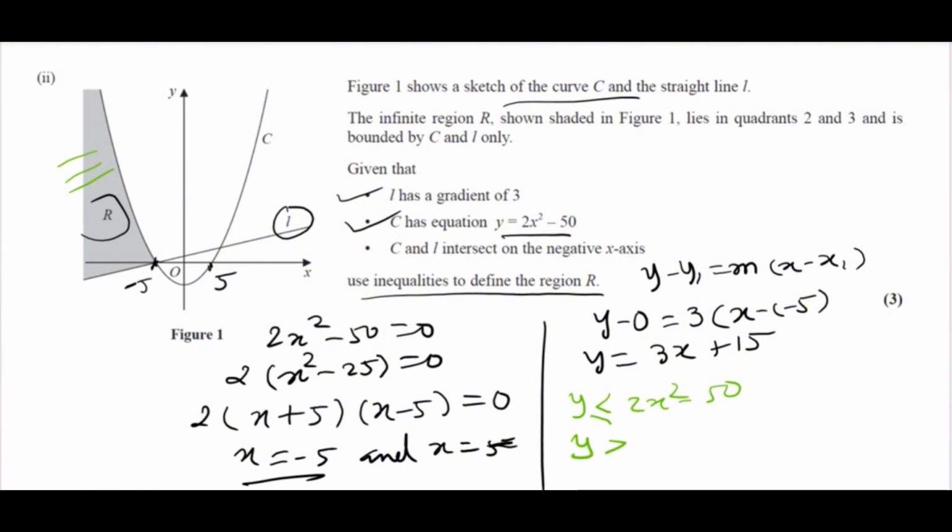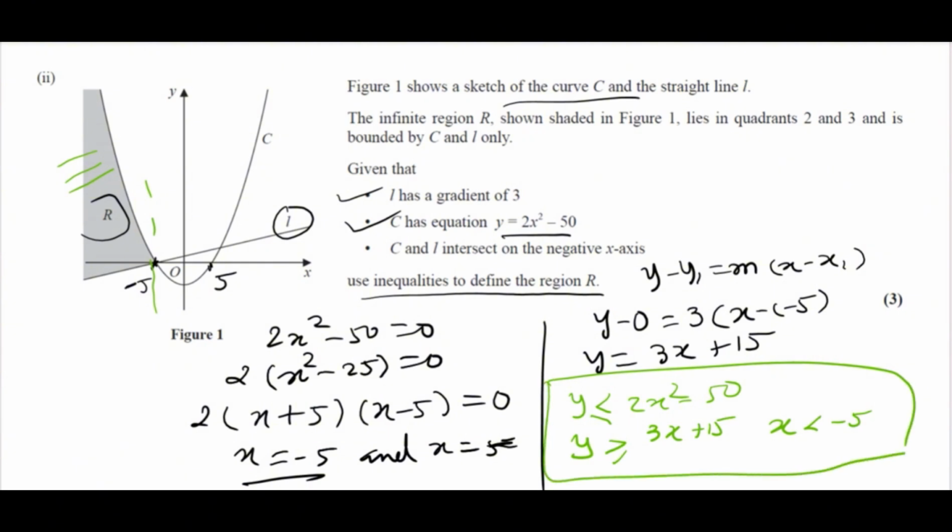So y greater than or equal to 3x plus 15. And another line, which is the x equals minus 5 line. So you can imagine this line here, which is less than. So you can write x less than minus 5. So that will give us three inequalities which satisfy region R.